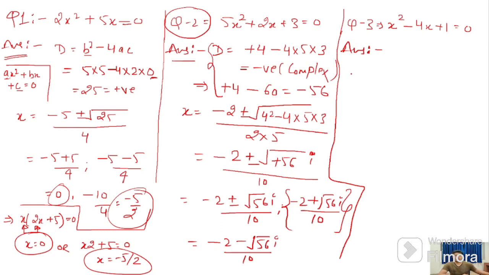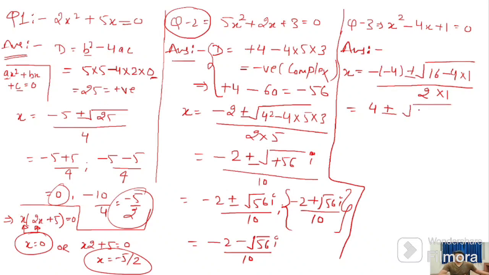If you want to find the roots, then we can directly write x equals to minus b, which will be minus of minus 4, that is 4, plus minus root of b square, 16, minus 4ac, divided by 2a. We will get 4 plus minus root of 16 minus 4 divided by 2. Here we get plus minus because we will find two roots.